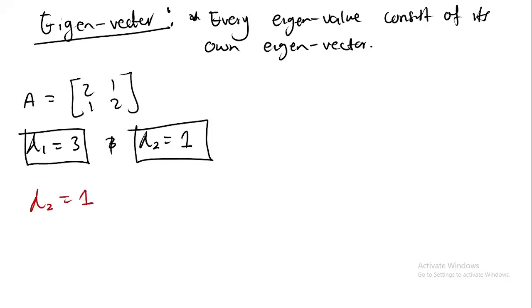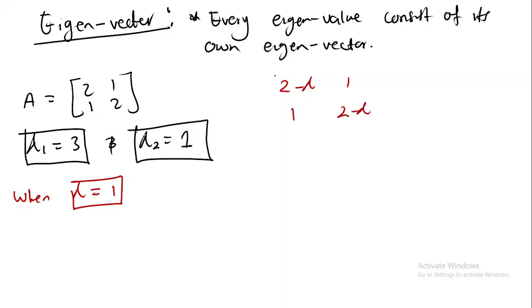When lambda is equals to 1, let me just erase this. I need a space here. When lambda is equals to 1, remember when you determined your eigenvalues, you said 2 minus lambda and then 1 and then 2 minus lambda, right?